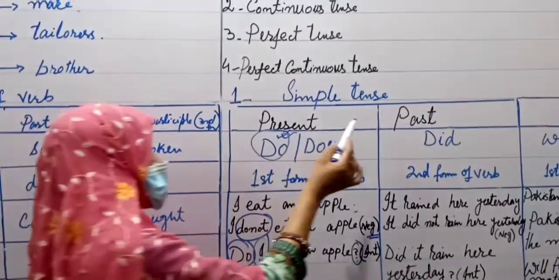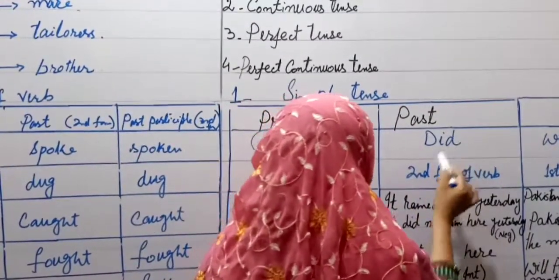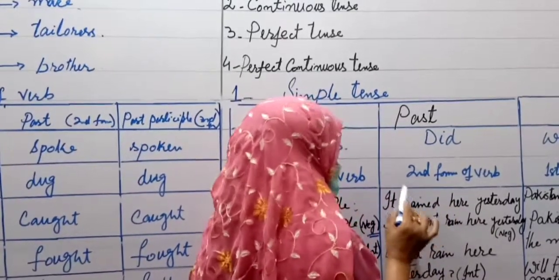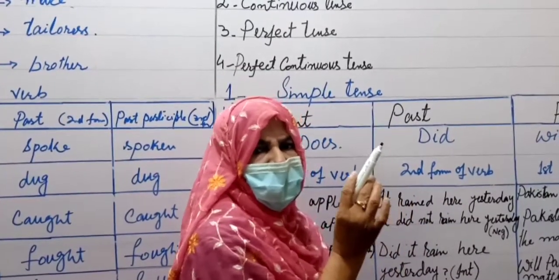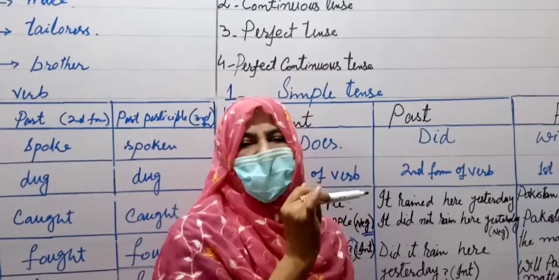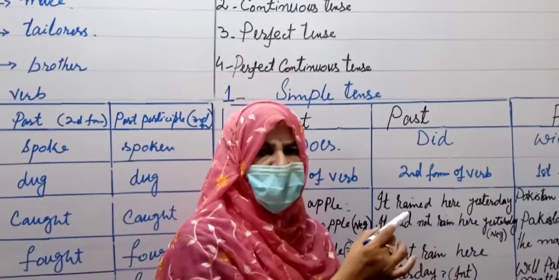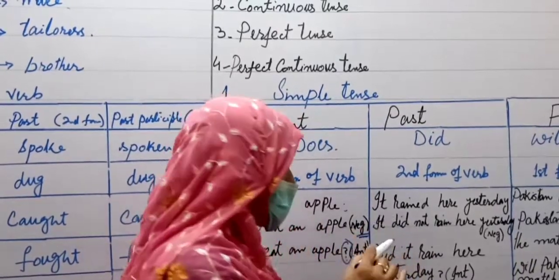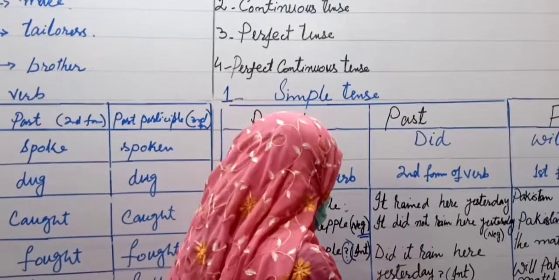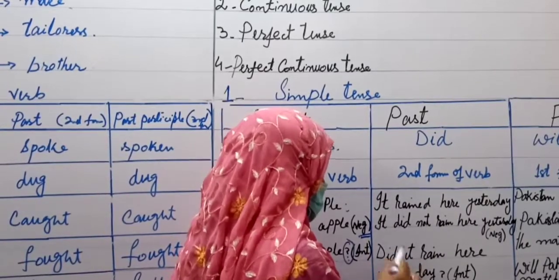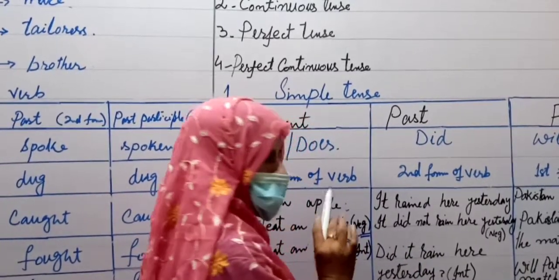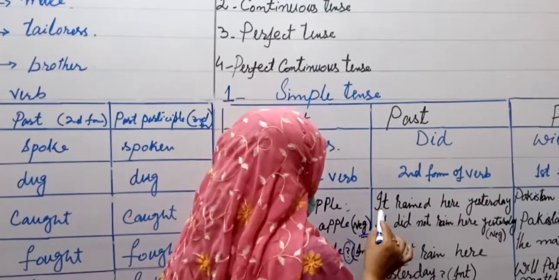Let's move towards past tense. First we will write subject, then second form of verb and object. For negative we will use did, and for interrogative did will come before the subject. Okay, look at the example.